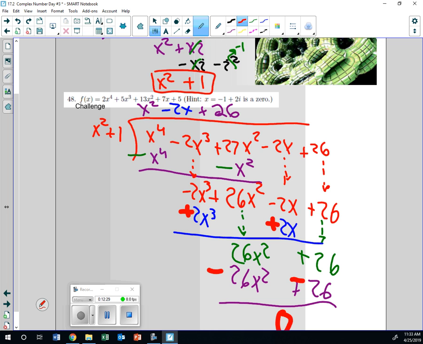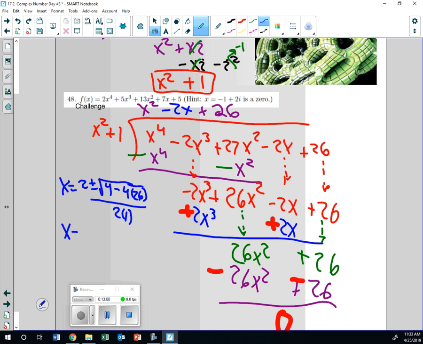So what we found is that when you took that x squared plus 1 out of there, you get x squared minus 2x plus 26. Now what you need to do is find the roots. So x will be minus b, which is minus negative 2, plus or minus the square root of b squared minus 4 times 26 times 1, all over 2 times 1.